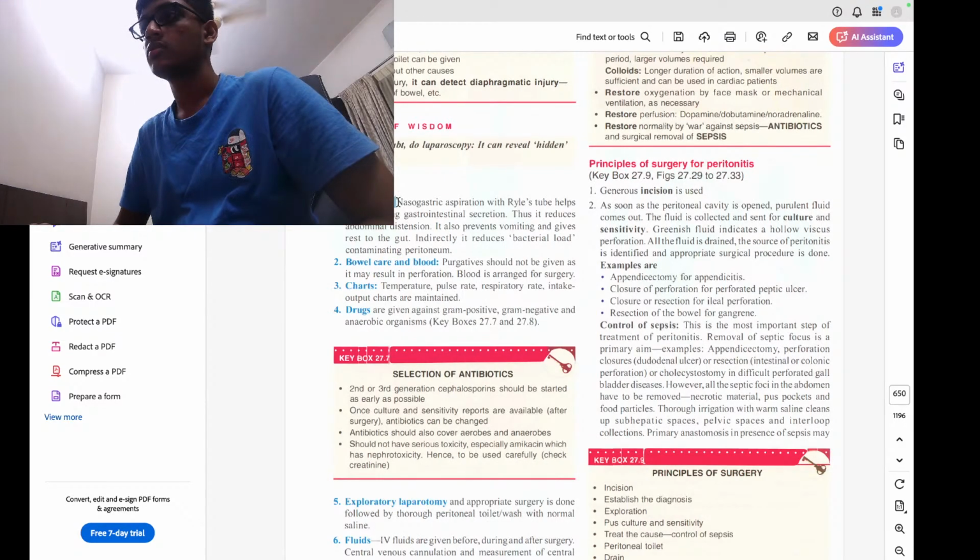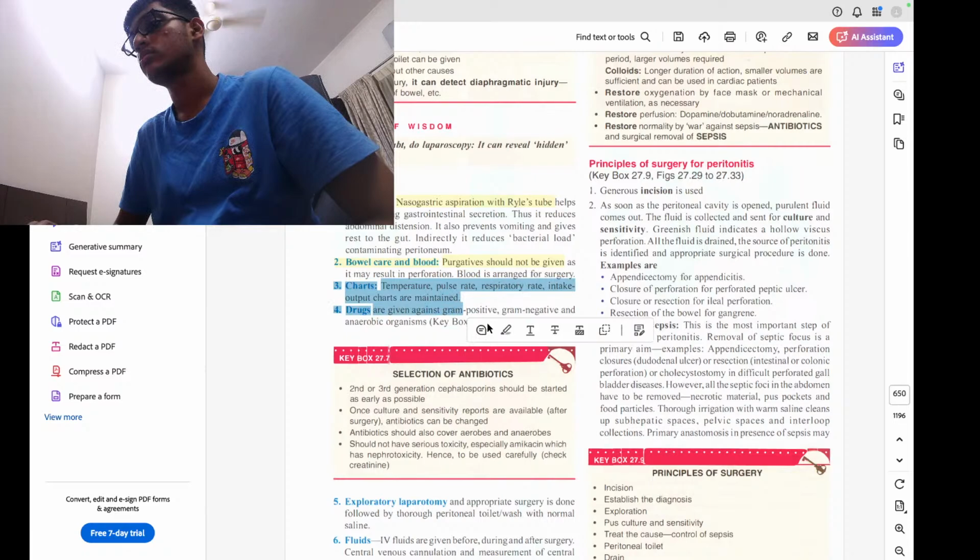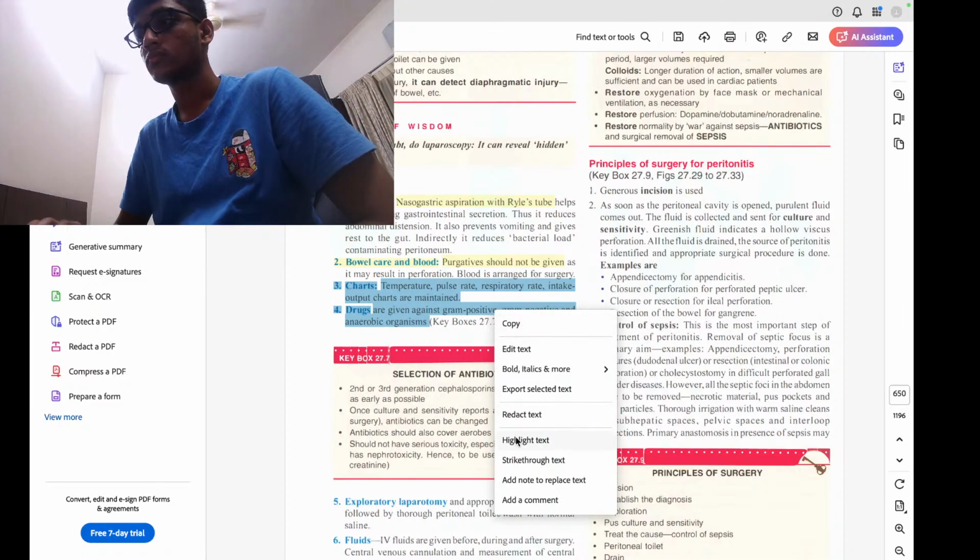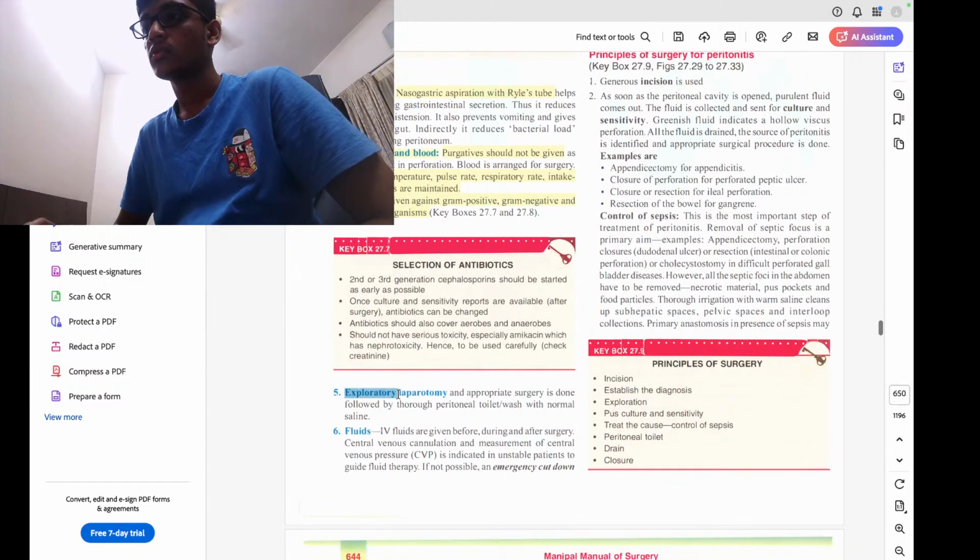Treatment is aspiration, GI tract decompression with Ryle's tube. Charts you have to do.